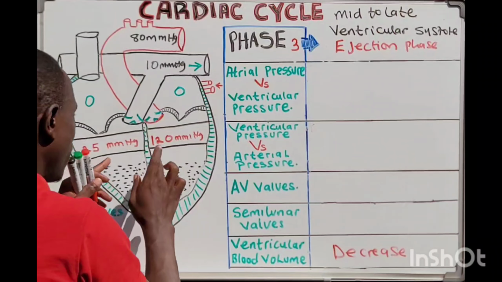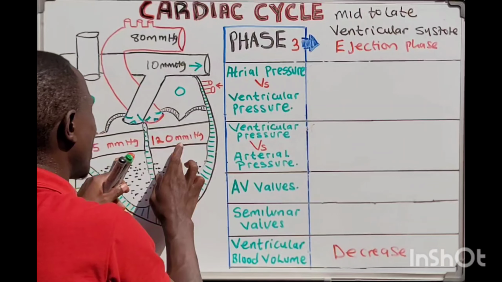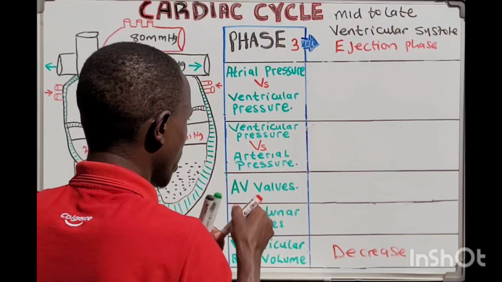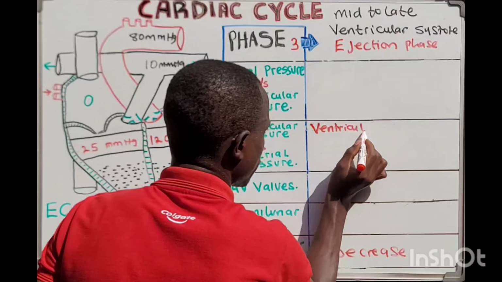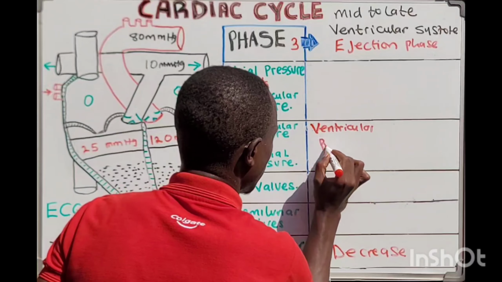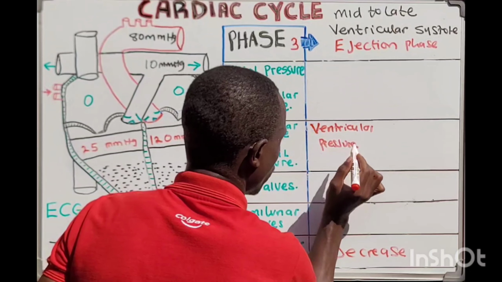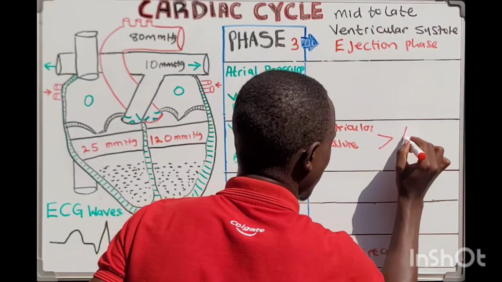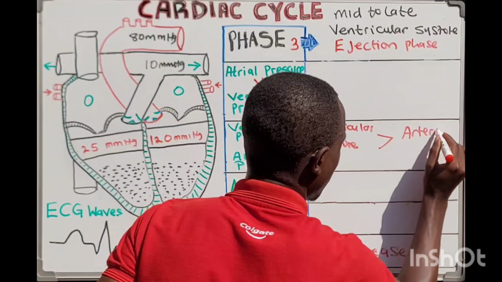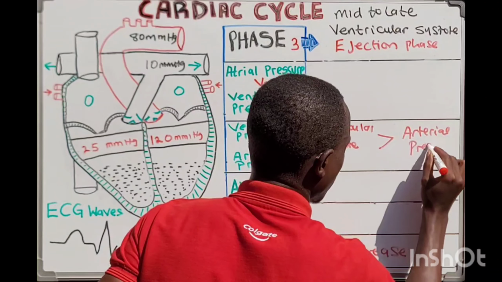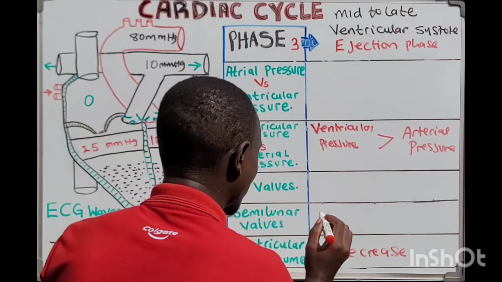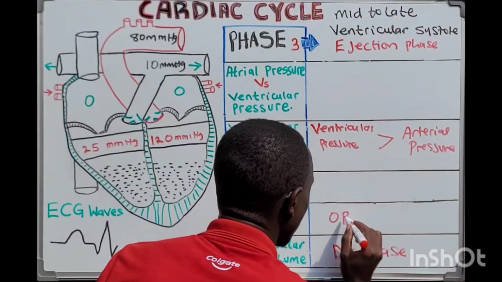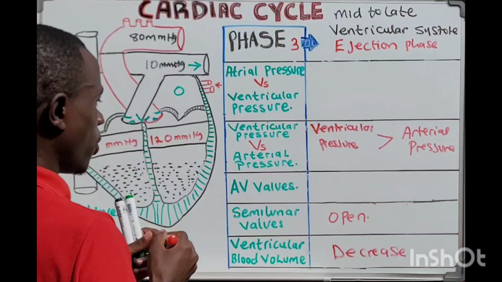So now we have seen that ventricular pressure is going to be greater than the arterial pressure. And because of that, this time around, the semilunar valves are going to be opening.